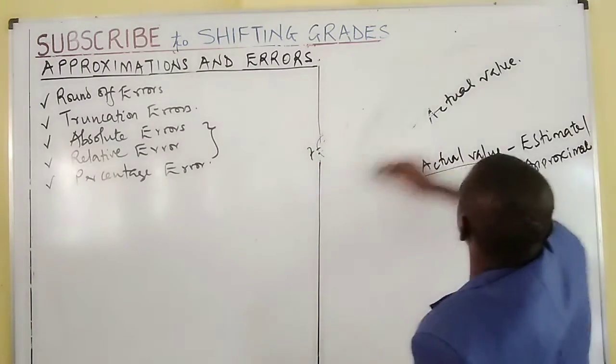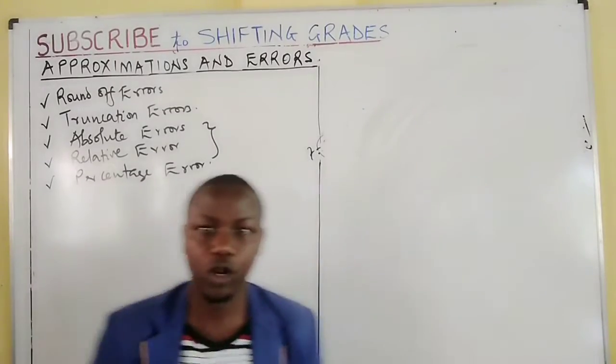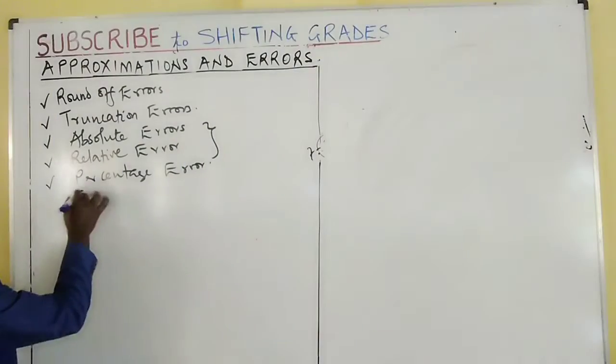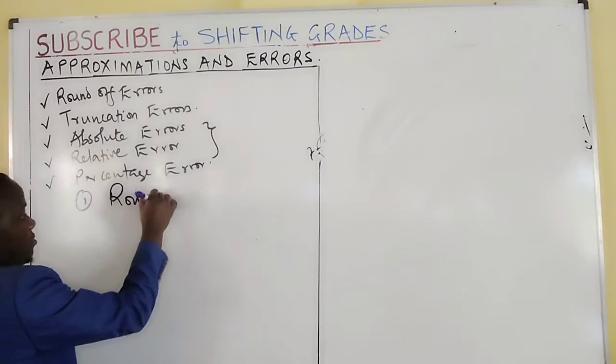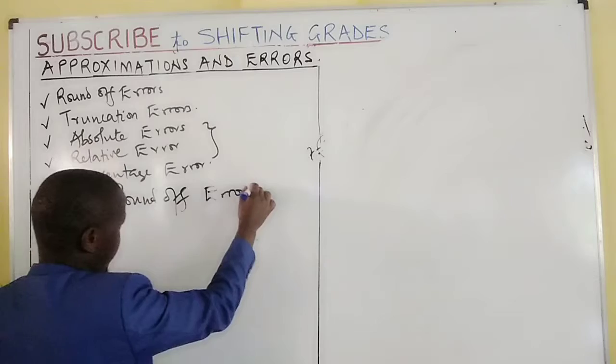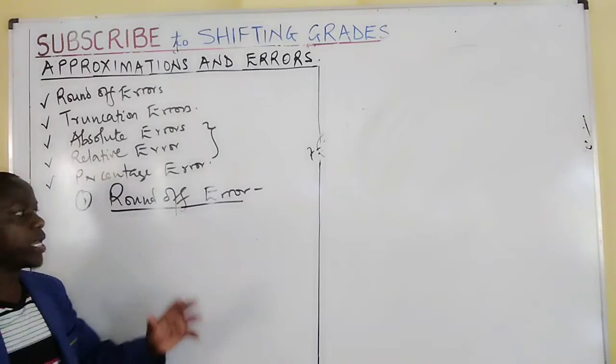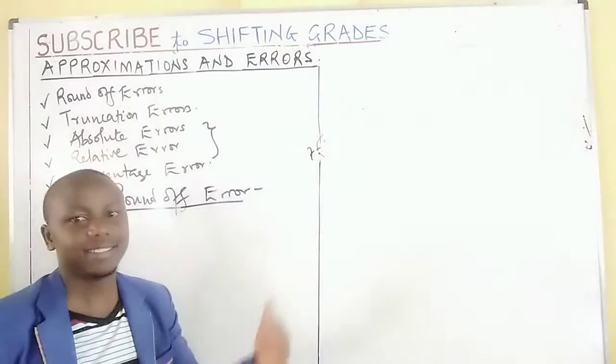Round off errors. So when we are rounding off, we make mistakes. Round off error, in other words. Therefore, when we are rounding off, we record a value which is not exact.